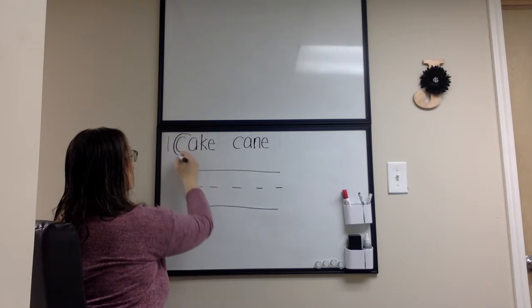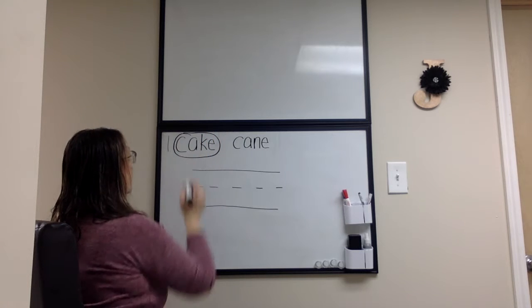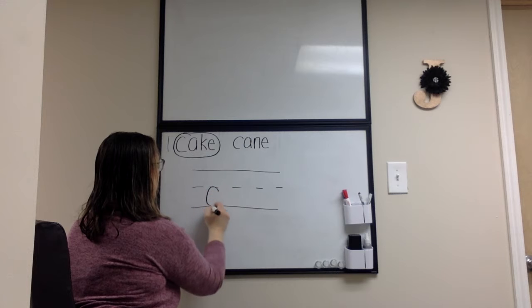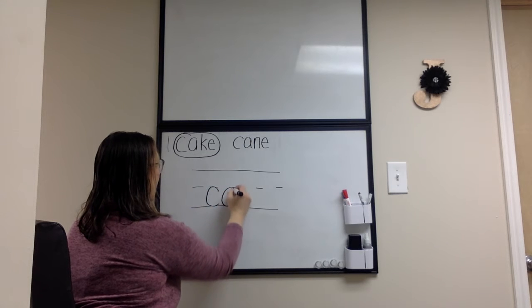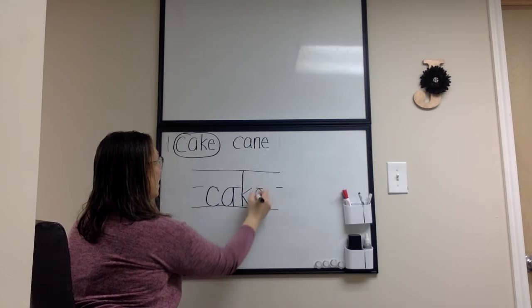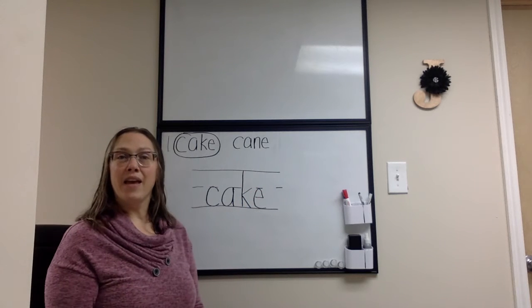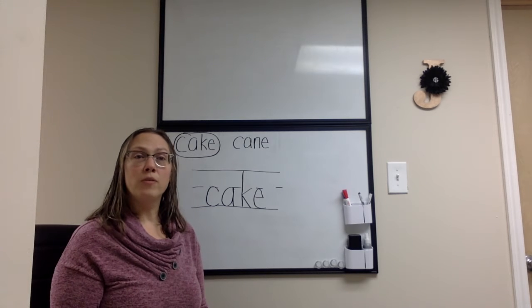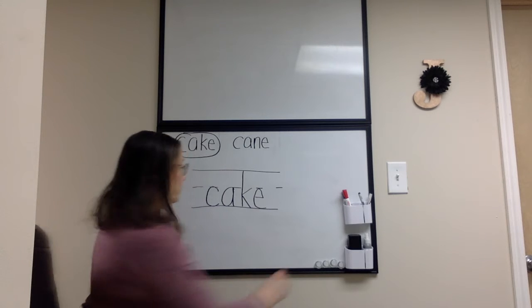So we are going to circle cake. And then we need to write it on the line. C-A-K-E. Cake. We are going to complete that following that pattern all the way through.